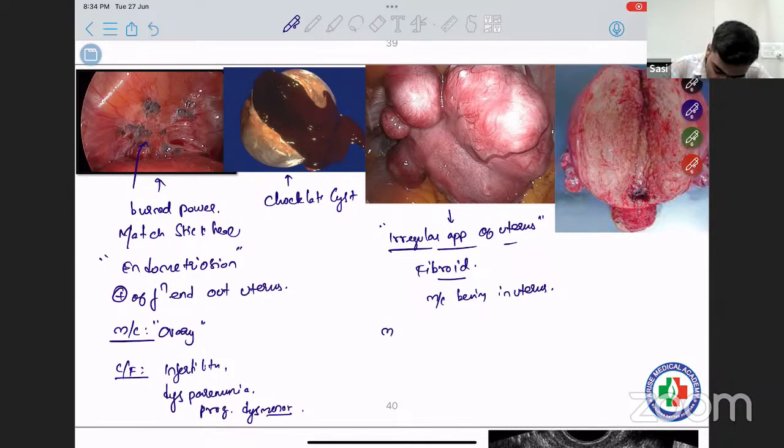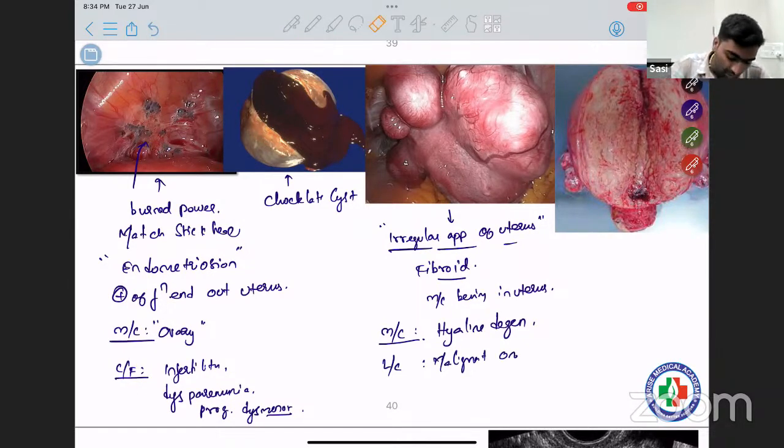And what is the most common change this fibroid may lead to? It leads to the hyaline degeneration. Fine. We know the least common one is the malignant transformation.